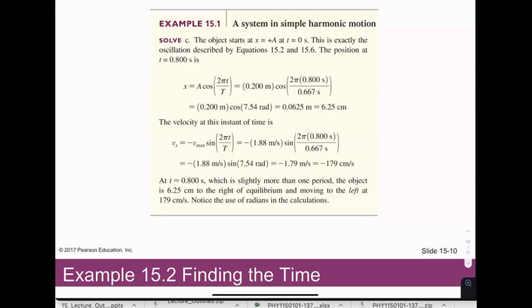So at t equal 0.800 seconds, which is slightly more than one period, the object is 6.25 centimeters to the right of the equilibrium, and moving to the left at 179 centimeters per second. Notice the use of radians in the calculation.